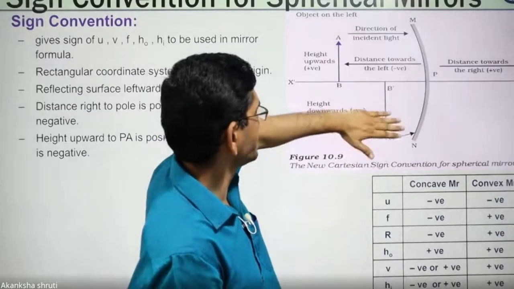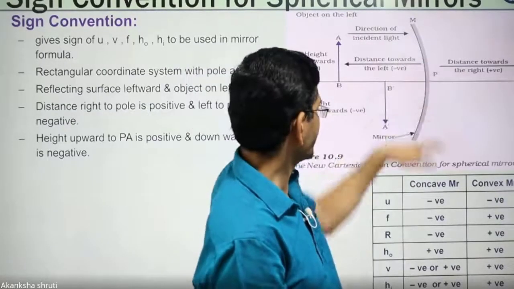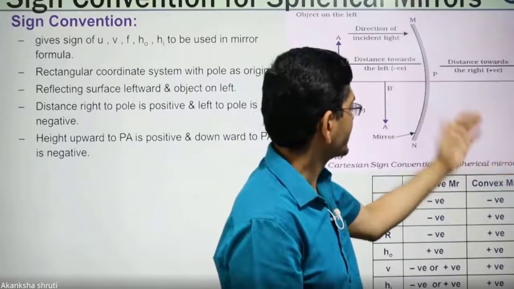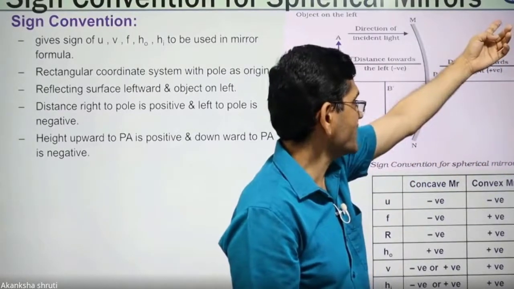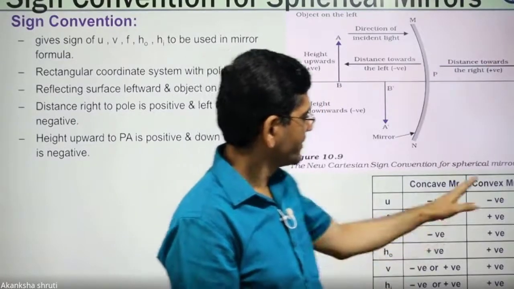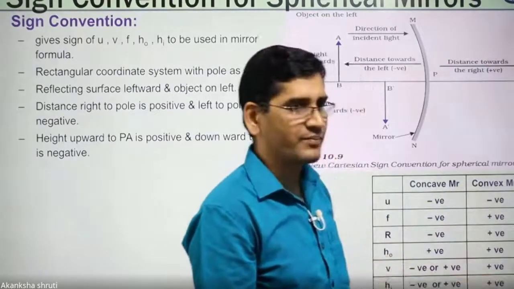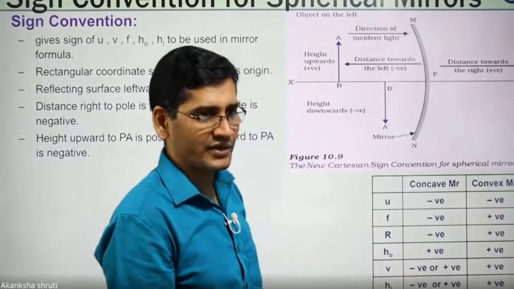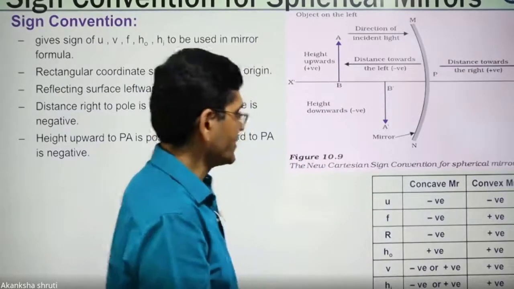But if the image is virtual, in case of this concave mirror, it will be on the back side, so it will be positive. Students, but in the case of the convex, it is always positive. So this table is very important. You have to write these things. So this was all about the sign convention.